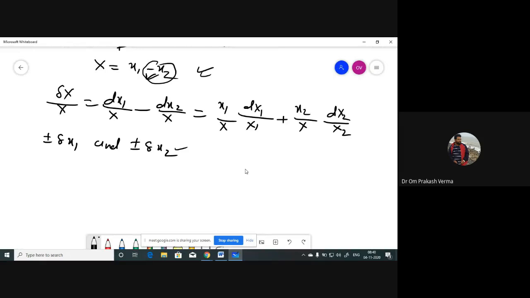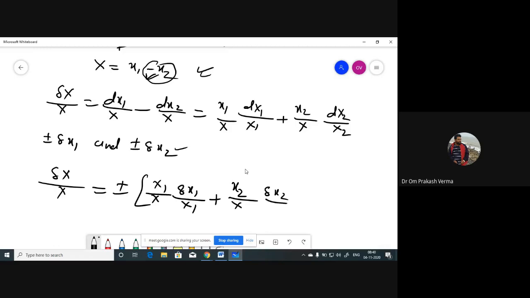If we want the maximum error, it becomes plus minus x1 by X delta x1 upon x1 plus x2 by capital X delta x2 divided by x2. So you can find out the limiting error by this formula, right?